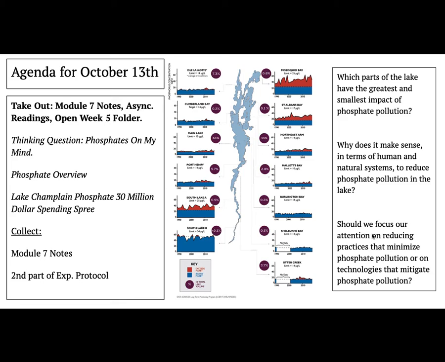Should it be on reducing practices that minimize pollution? We would call that proactive environmentalism. Or should we be focusing on technologies that reduce or mitigate the existing problem, which we would certainly call more of a reactionary aspect of environmentalism?